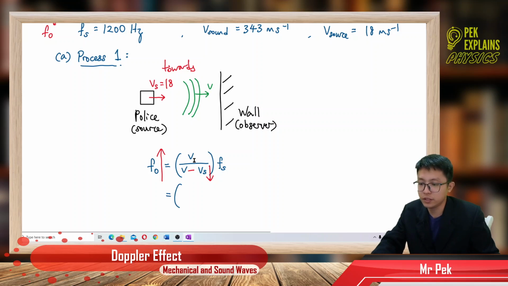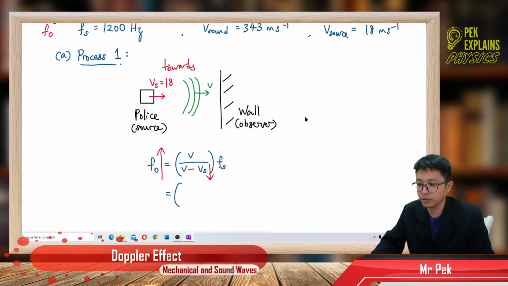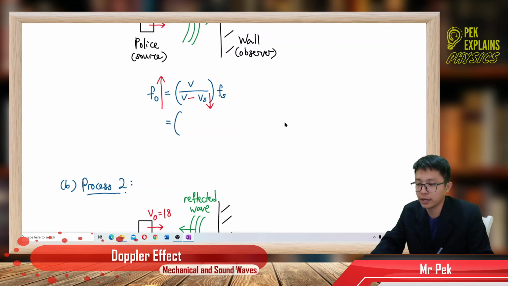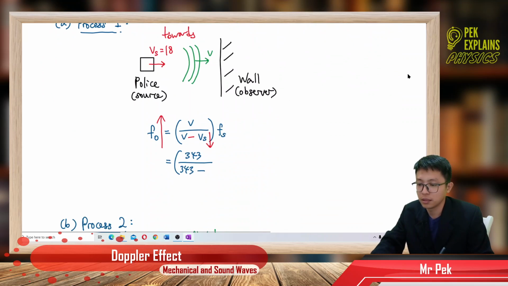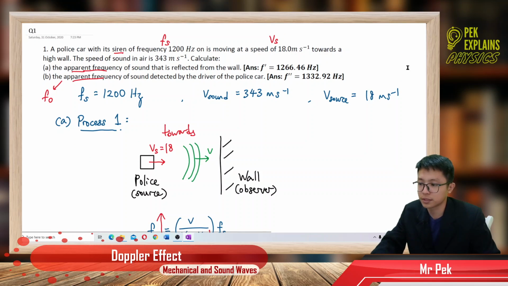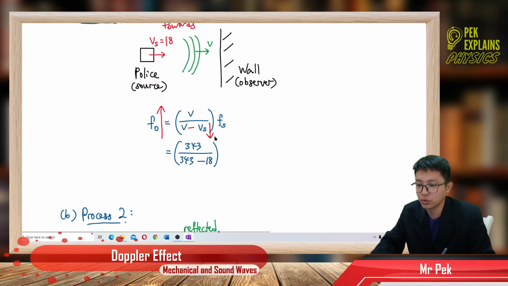This V is the speed of sound, 343. So we put 343 over 343 minus the speed of source, 18, and then the actual frequency of the sound is 1200 hertz.